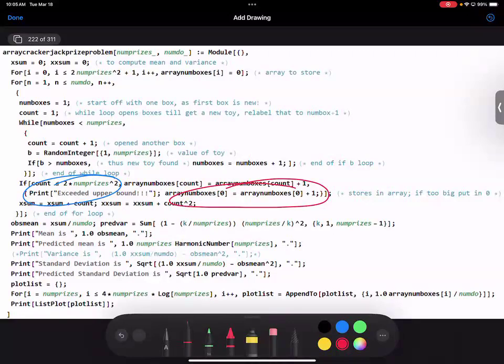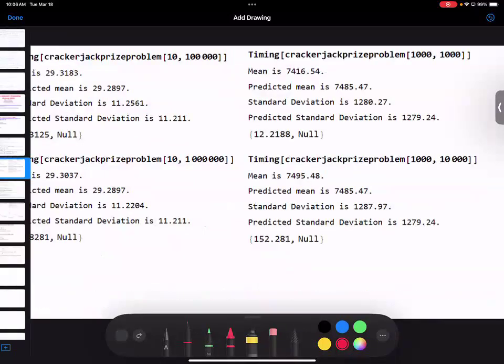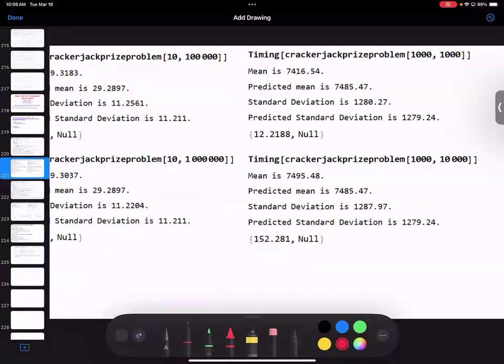So if I ever see anything in that entry, I know that it exceeded that. Otherwise, I can't tell the difference between maybe it was 2 times num prizes squared plus 1 versus 2 times num prizes to the 4th. So by putting the extra large ones in the 0th entry of the array, I know that those had to be from something that was long. Okay. Ooh, that seemed to move it backwards. Oh, that's interesting.